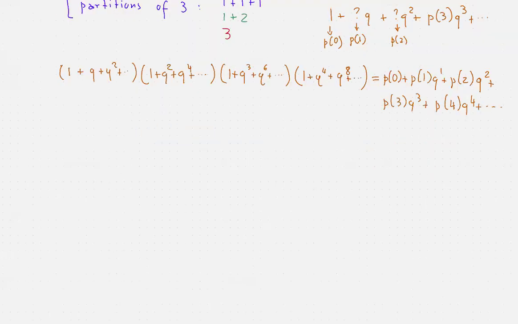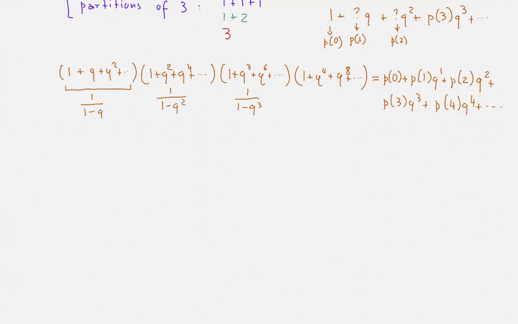Remember that calculus 2 tells us that this is 1 over 1 minus q, this is 1 over 1 minus q squared, this is 1 over 1 minus q to the third, this is 1 over 1 minus q to the fourth. Eventually, what we get is this amazing formula.